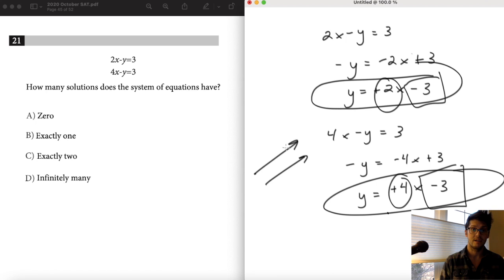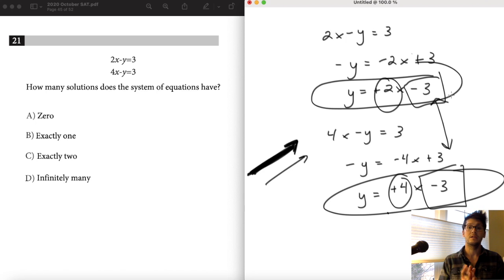You have the same line, which would have infinite solutions. It would just keep crossing itself everywhere. Right? So if this had the same slope, it already has the same y-intercept. So I know that it has that. In that case, it would have infinite solutions. Same slope, same intercept. So you could write down same slope, same intercept, infinite.